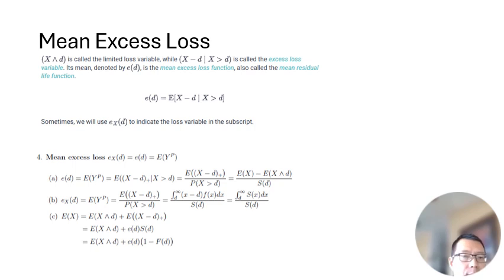Its mean, denoted by e(D), is the mean excess loss function, also called the mean residual life function. e(D) is basically just the expected value of X minus D conditioning on X greater than D. This is just a definition and the formula we talked about in previous slides too.